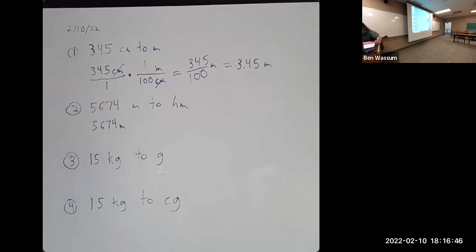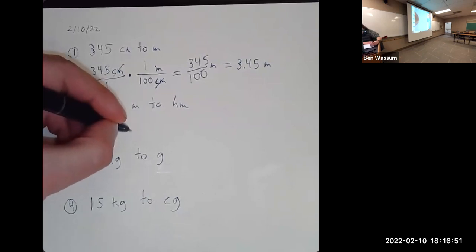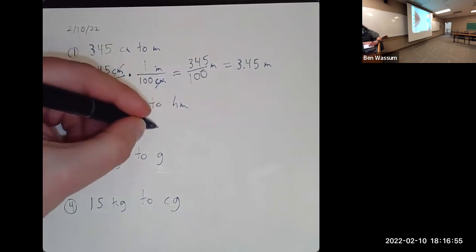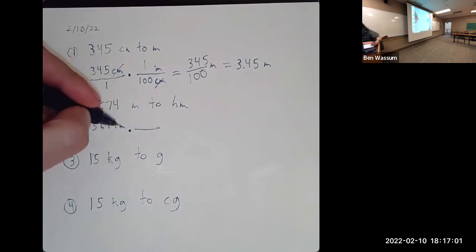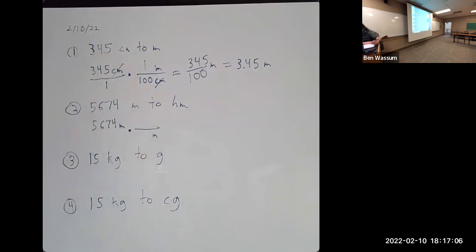Always draw my units out there. I'm not gonna do the fraction bar over 1 this time, but I am gonna kind of have it aligned to the top. That way I can see it a little better. And again, just like that last one, if I'm trying to get rid of meters, that meters is gonna have to be on the bottom over here.